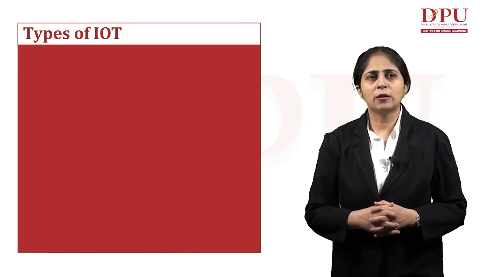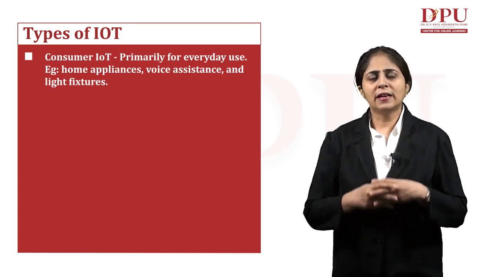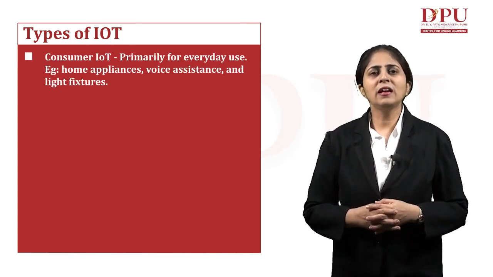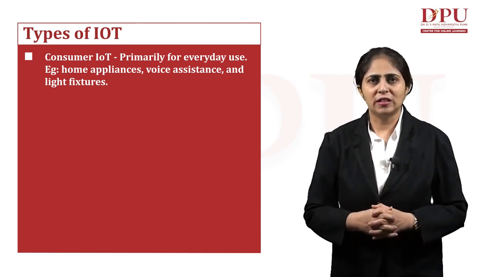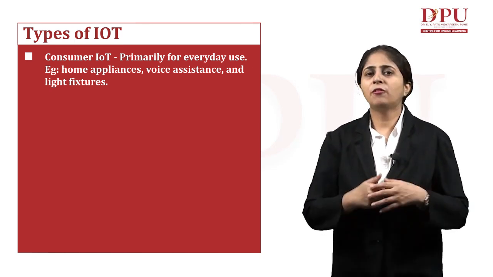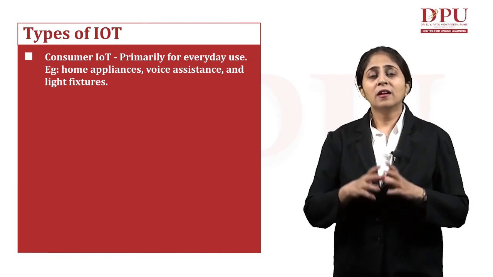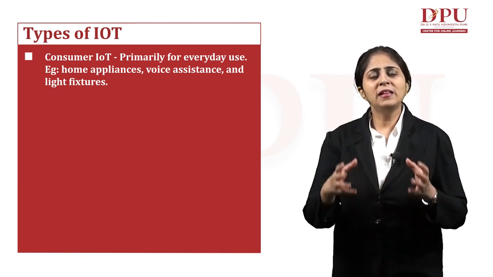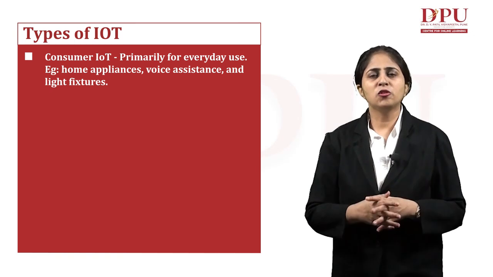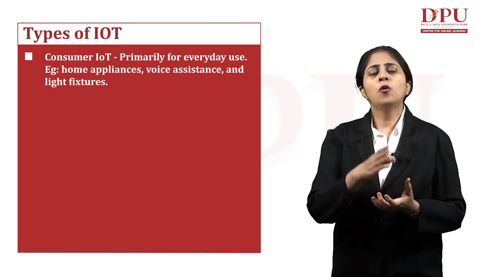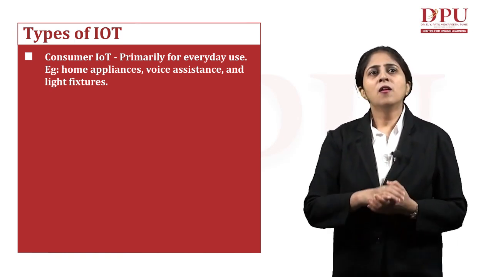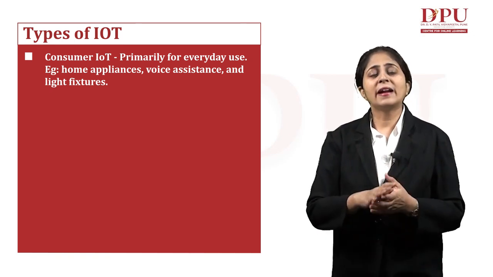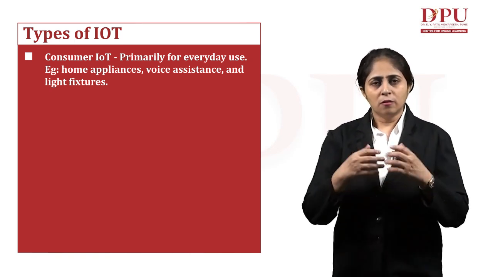The very first one that all of us are using is consumer IoT. It is primarily for everyday usage. Consumer IoT is mainly designed for us, the consumers. Examples of it are home appliances, voice assistants, and light fixtures.